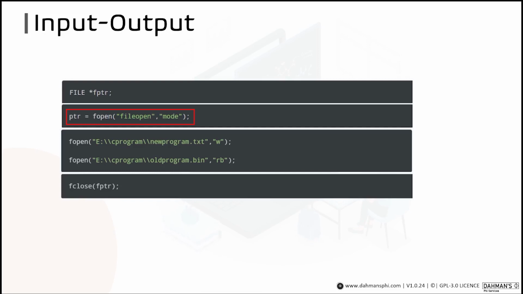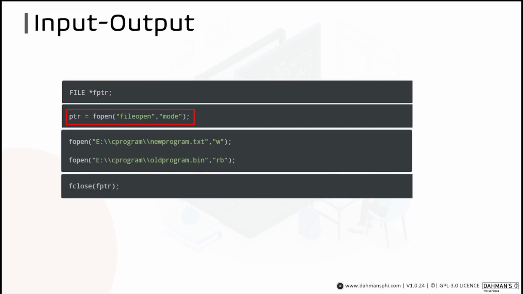Now, the syntax for opening a file in standard input-output is just by calling the fopen function. Within the brackets, it expects two different arguments. First is the file that you want to open, I mean the complete path of the file, and something called the mode. We're going to discuss some of these modes in a while. And then we assign that to a variable. In this case, let's say ptr.